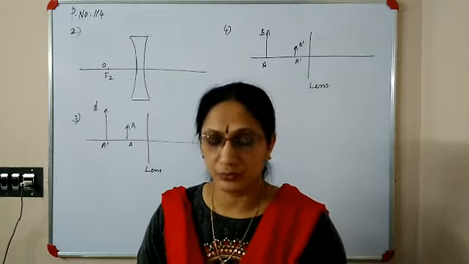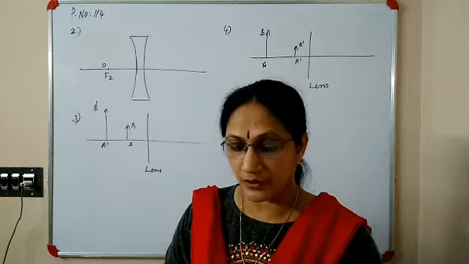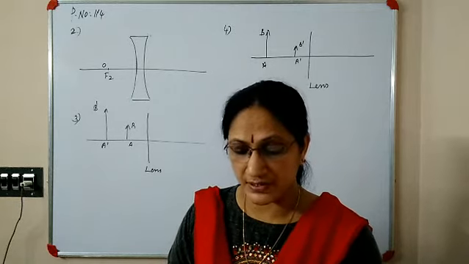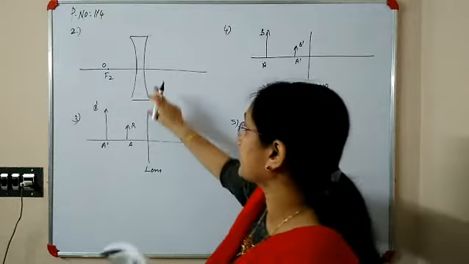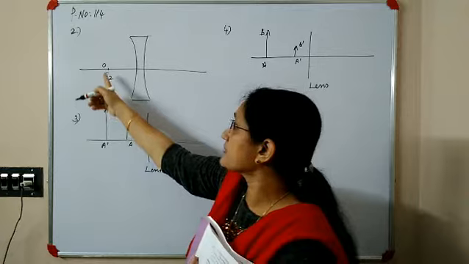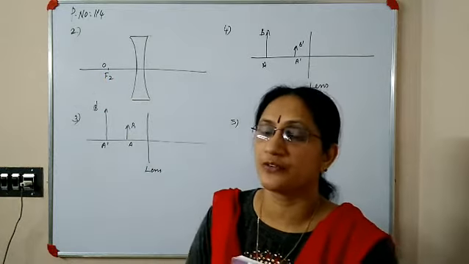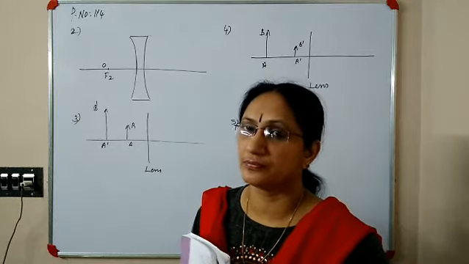Question number 2. Complete the ray diagram of a point source O placed at F2 of a concave lens. Look at the diagram. A concave lens, F2 is the principal focus and a point source of object O is kept there. Where will the image form?